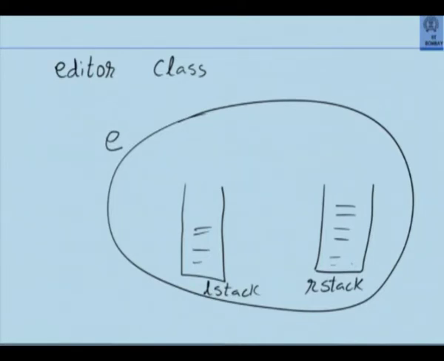So since it's an editor class, we call that value T size. This will be an integer variable which will have a location of itself. One more thing, if we are editing, we are always editing with reference to a cursor position, and that cursor should be between 0 to size minus 1.